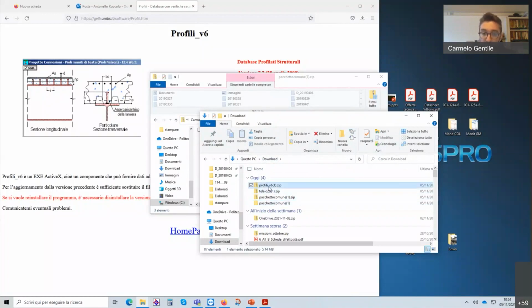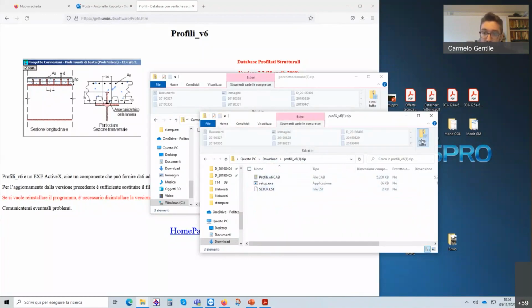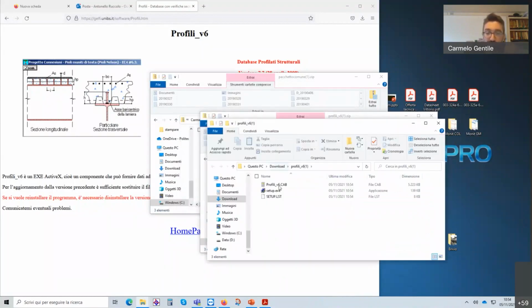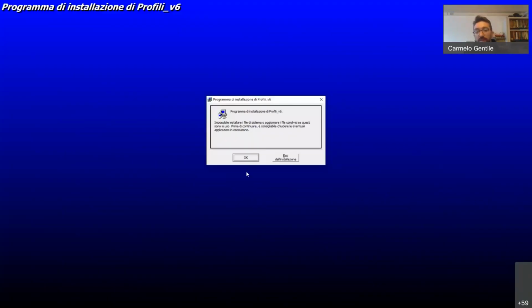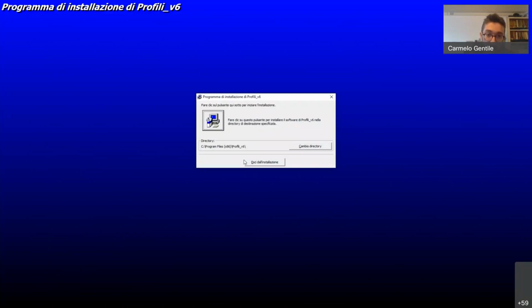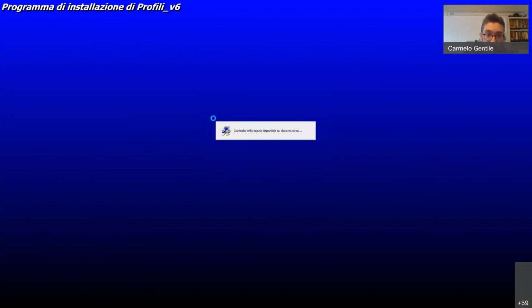Then Profili V6, we extract everything. Pacchetto Comune is just something that we need to have installed on the laptop to run all the other Gelfi softwares. Whereas Profili is not actually a software, it's more of a database. And here we say OK, we click here.